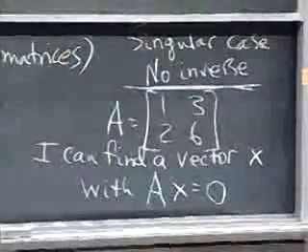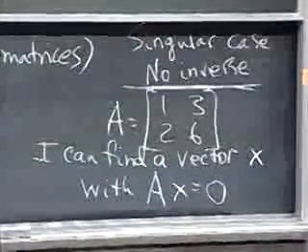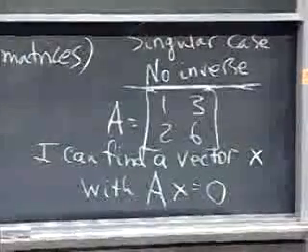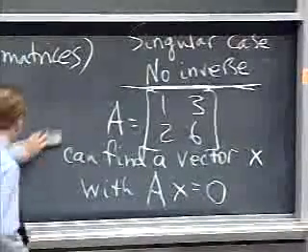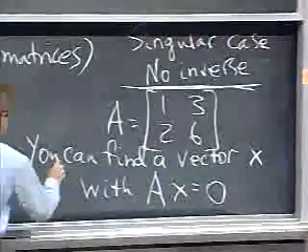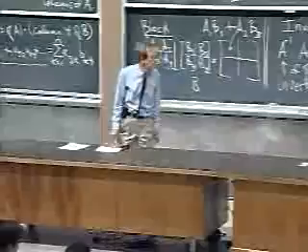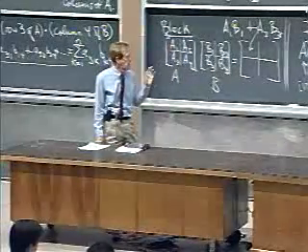This is the reason I like that. That matrix won't have an inverse. So tell me a vector x that solves Ax equals 0.